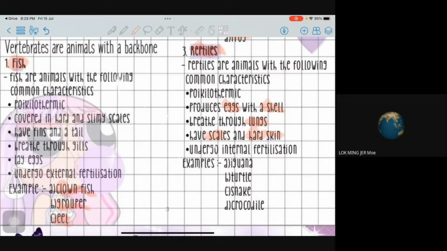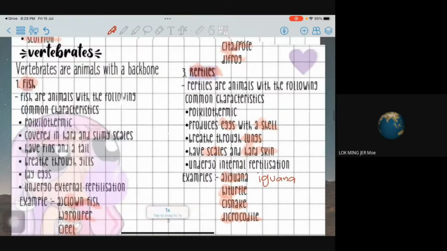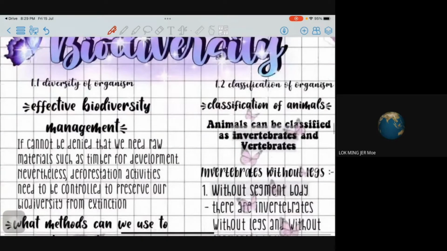For example, iguana, turtle, snake, and crocodile. All of them are reptiles. Iguana, snake, and crocodile. Why iguana? I don't know. Okay, so this one you can learn yourself.